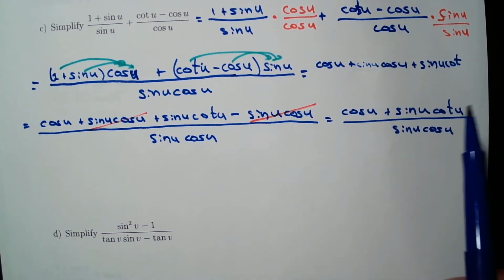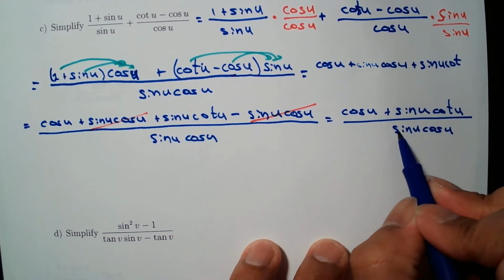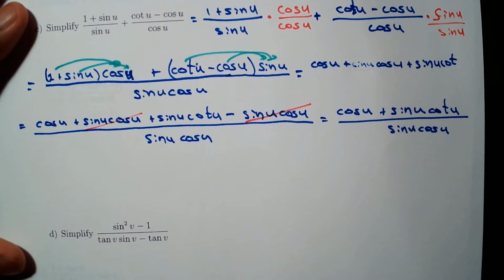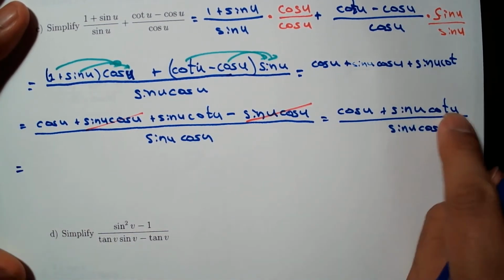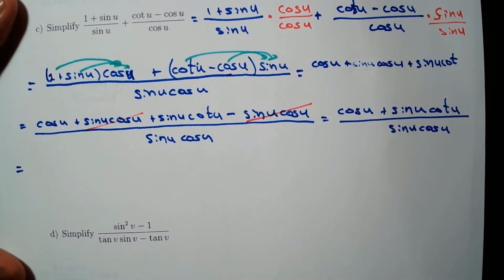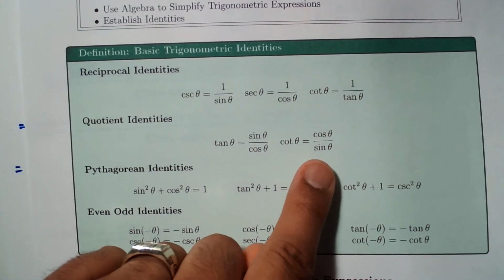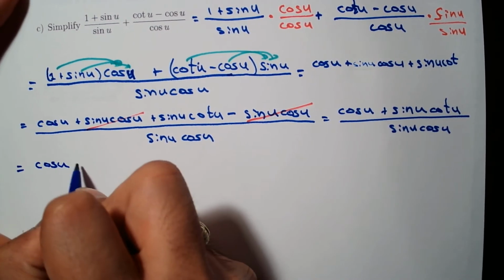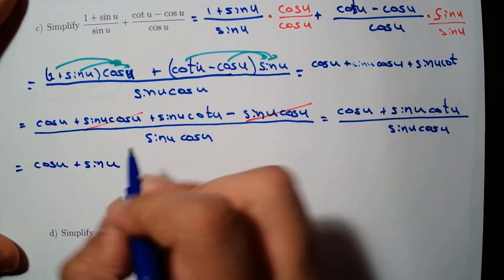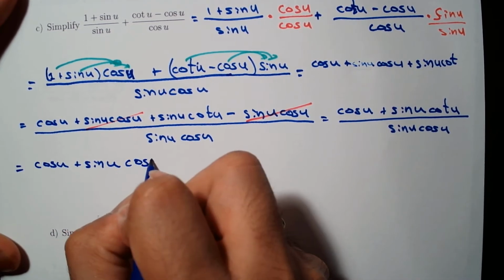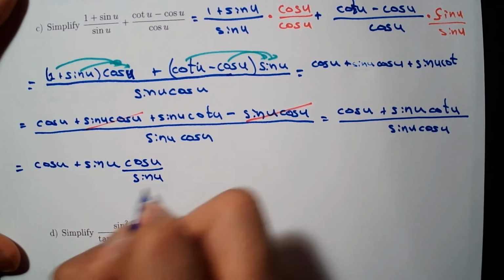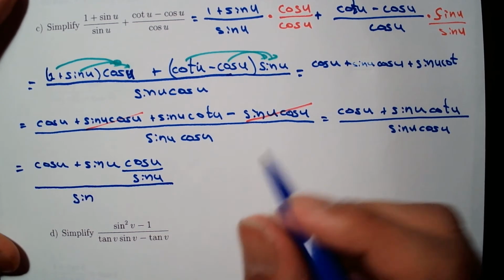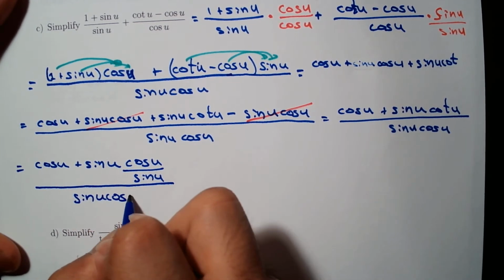This is what I'm planning on doing. Notice we have everything in terms of sines and cosines except this cotangent u. That's what I'm going to focus on. So writing the cotangent as cosine over sine, as established in this identity, cosine over sine. And yes, it's going to look a little bit ugly. Sine u cosine u.